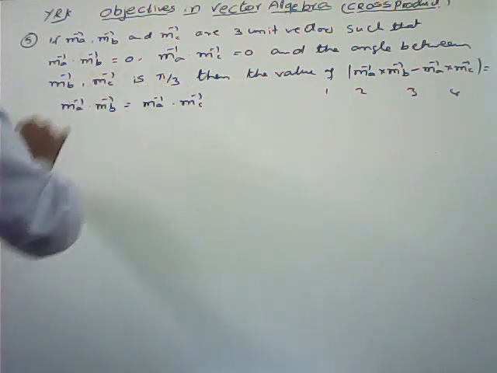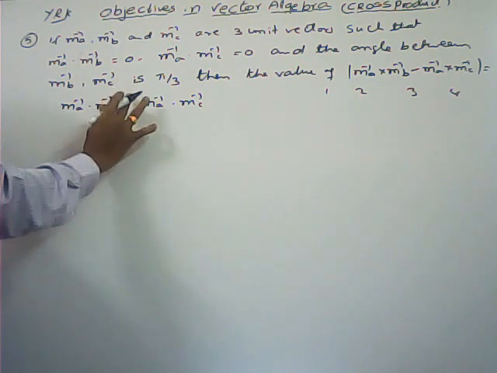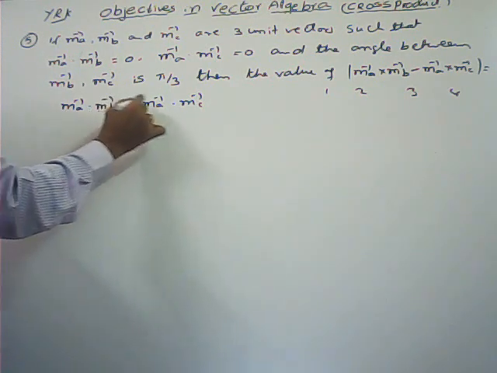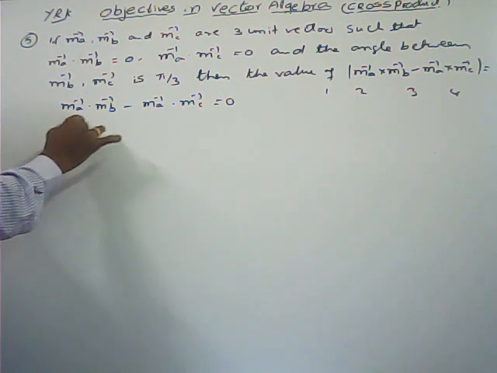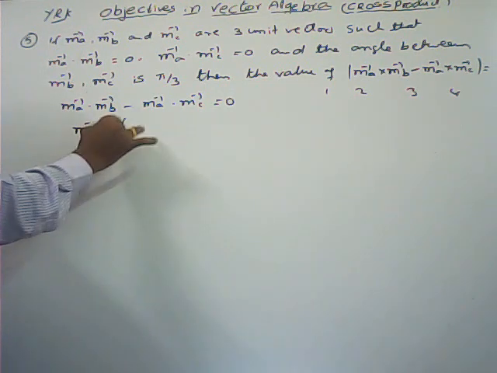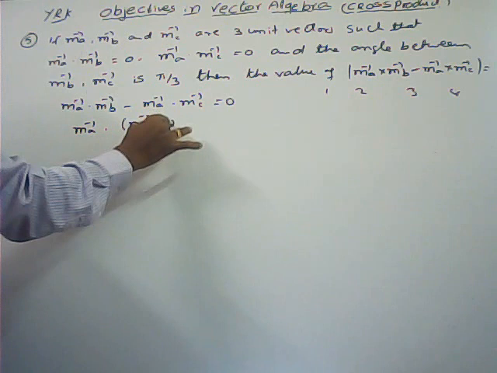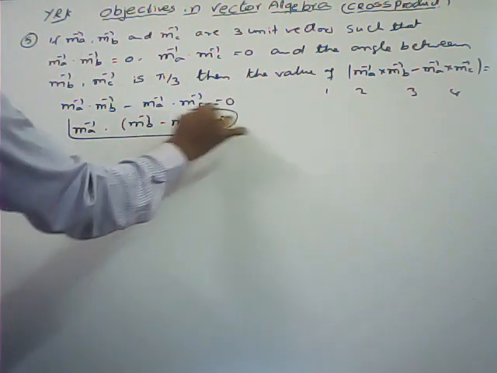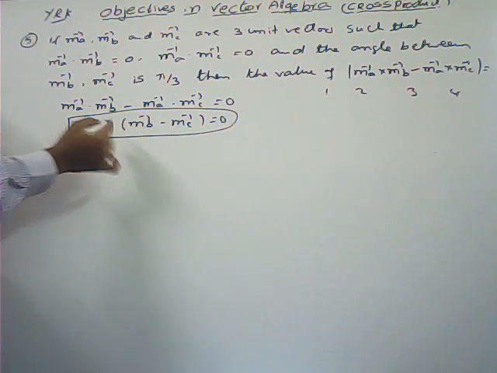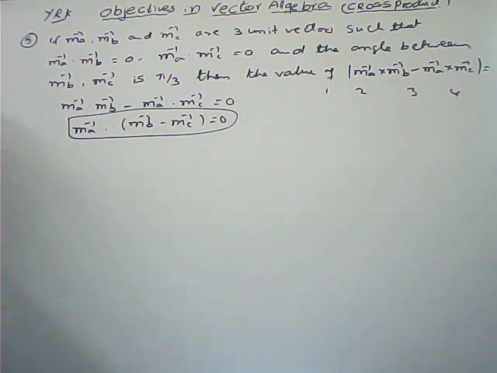Transfer this one this side, minus, that is equal to 0. From these two terms we can write MA bar dot MB bar minus MC bar equals 0. So what is the meaning of this? The angle between these two vectors, MA bar and MB bar minus MC bar, is 90 degrees only. Both are perpendicular to each other.